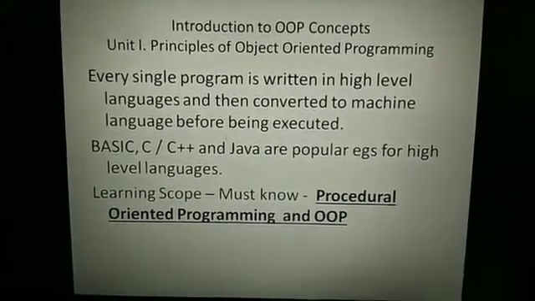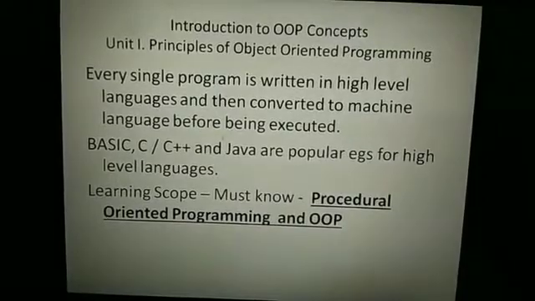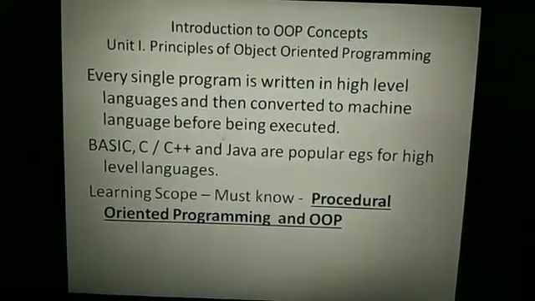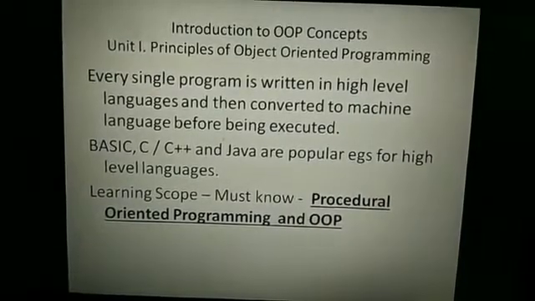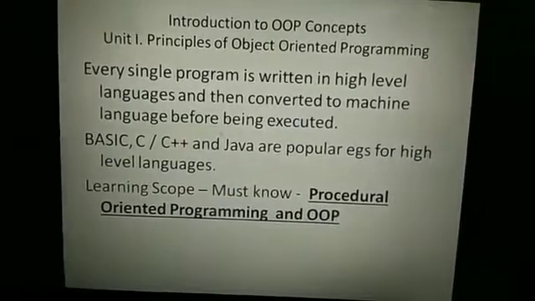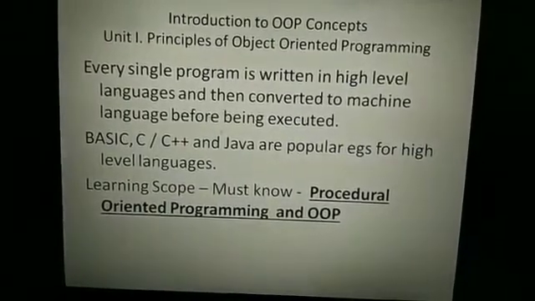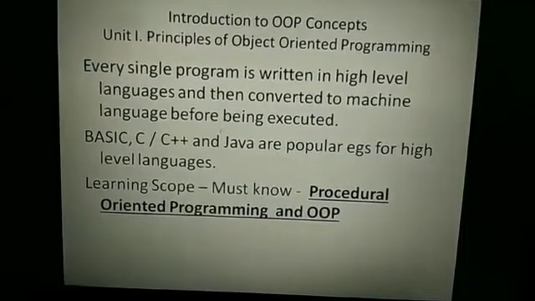I'll repeat once again this slide: every single program is written either in your low level language or high level language, and then it is converted to machine language before being executed.